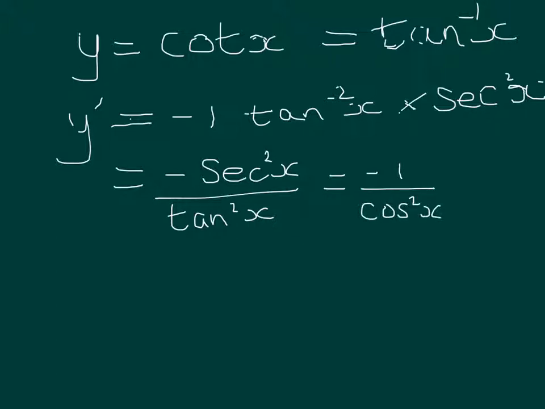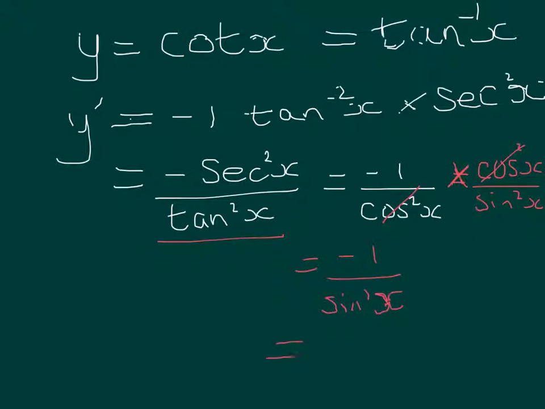And instead of writing tan x, I can write that as sine over cos, but because it's 1 over tan, the reciprocal of tan, that's actually just cot, isn't it? So that's cos squared over sine squared. So the lovely thing here is that the cosines cancel, and we just get minus 1 over sine squared x, but 1 over sine is cosec, so we get minus cosec squared x.